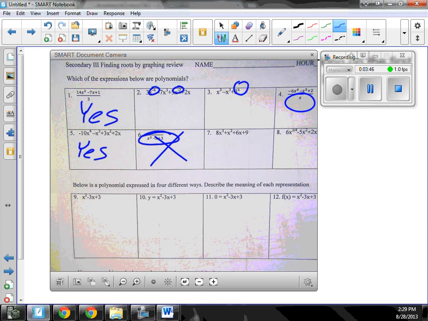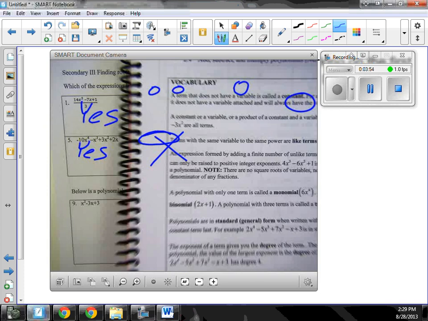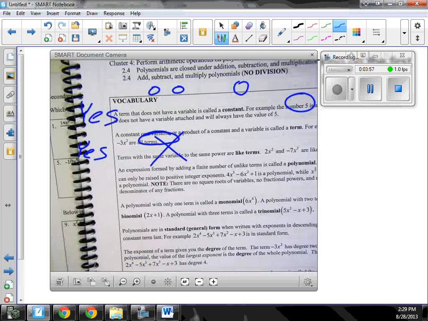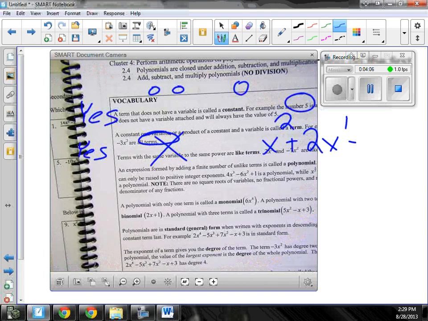And in the book they said positive, what did they say? Non-negative integers. Let's look at that again. Raised to positive integer exponents. Well, you can actually have a 0. If I had x squared plus 2x to the first minus 6x to the 0, what is x to the 0? 1, so it's really just minus 6.